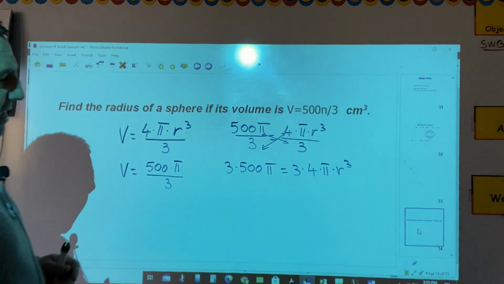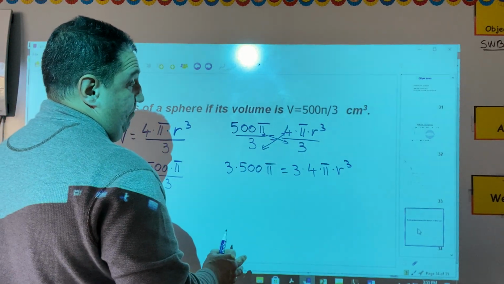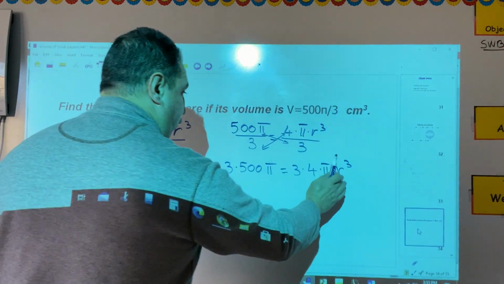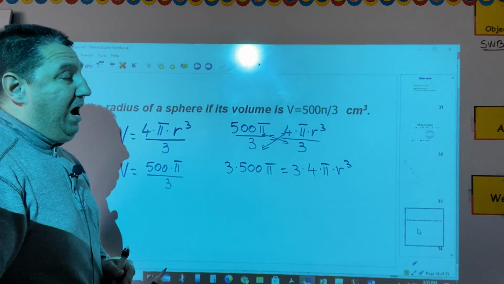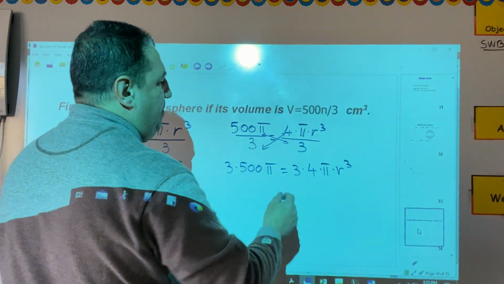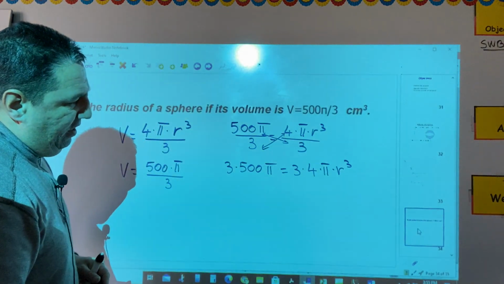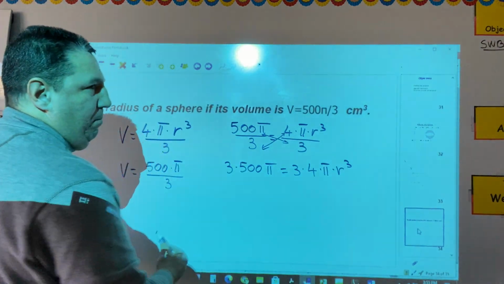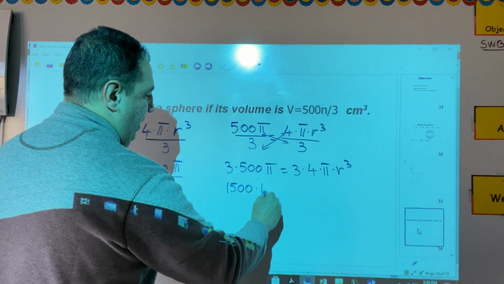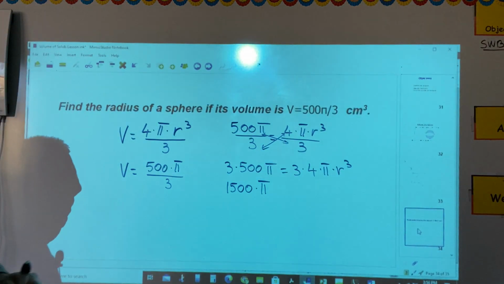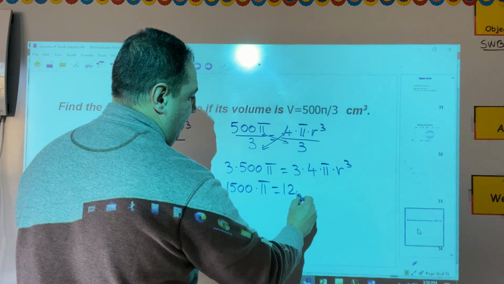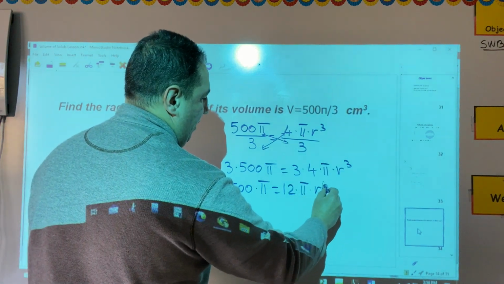Good? So, first, we solve for r cubed. To solve for r cubed, let's simplify a little bit both sides. We multiply 3 by 500, and we get 1500 times pi. And the right side would be 3 times 4 is 12 times pi times r cubed.